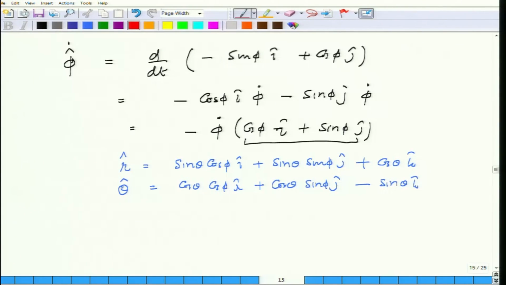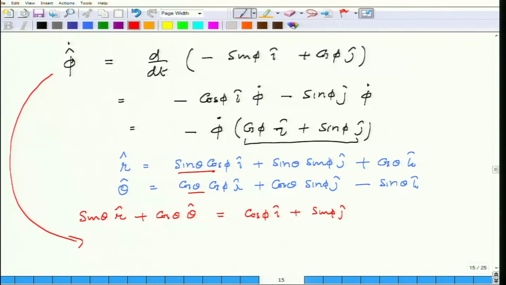Notice if I take sine of theta, multiply this by r unit vector, add to it cosine of theta, theta unit vector, what will I do? First term, this term here, I'll get sine square theta plus cosine square theta, cosine phi comes out common, so this will become cosine phi i, plus second term again will be sine square theta plus cosine square theta, which is 1, and I get sine phi j, and the last term cancels.